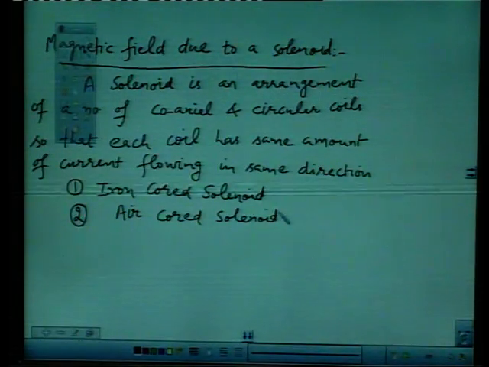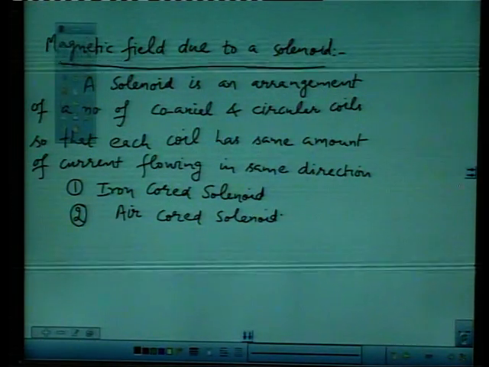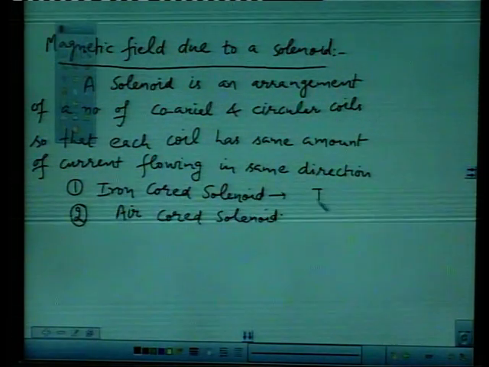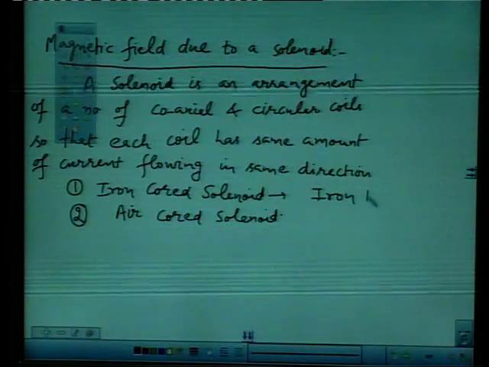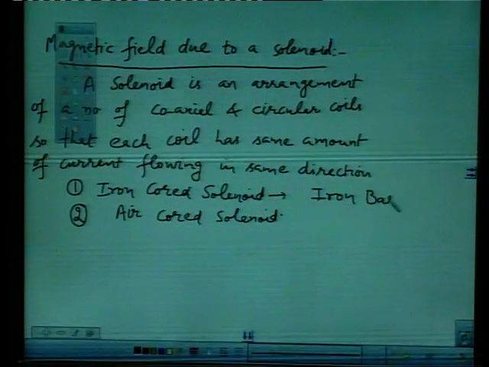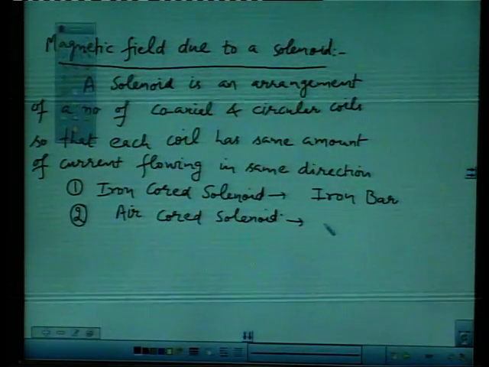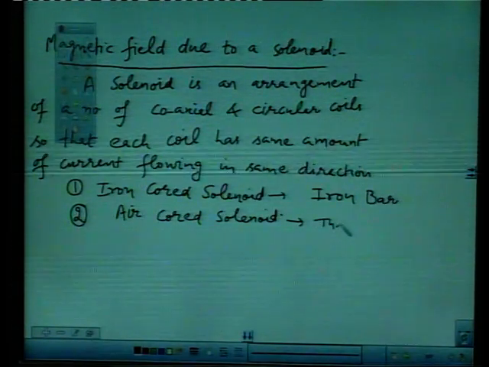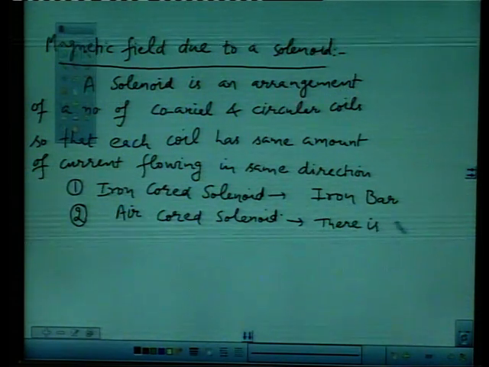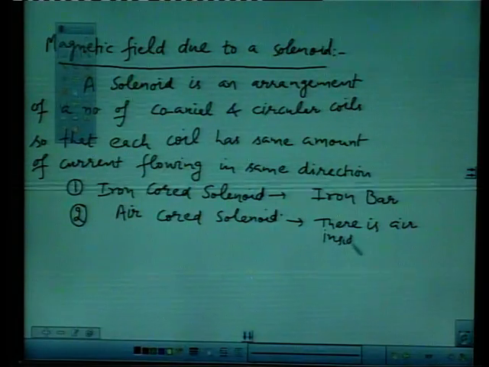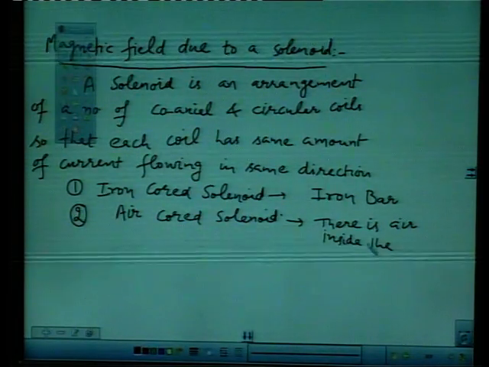In case of iron core, there are a set of circular coils wound on an iron rod. So, iron bar is used in case of iron core solenoid, and there is air inside the coils.